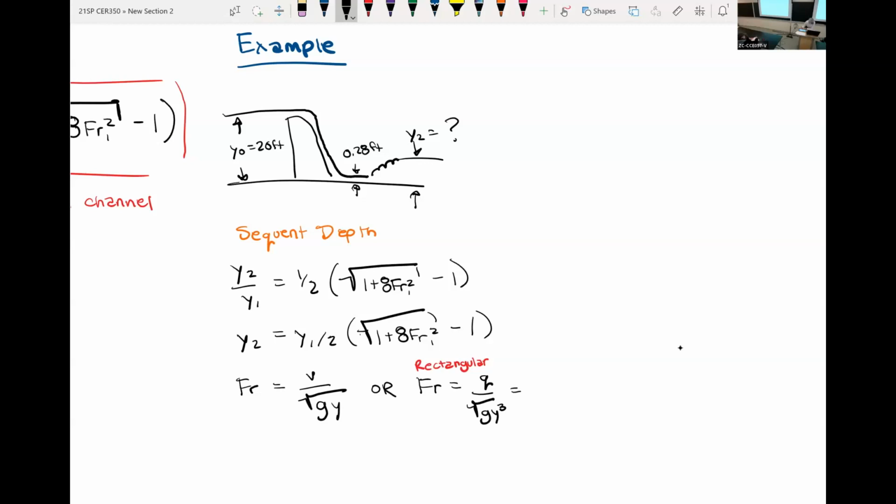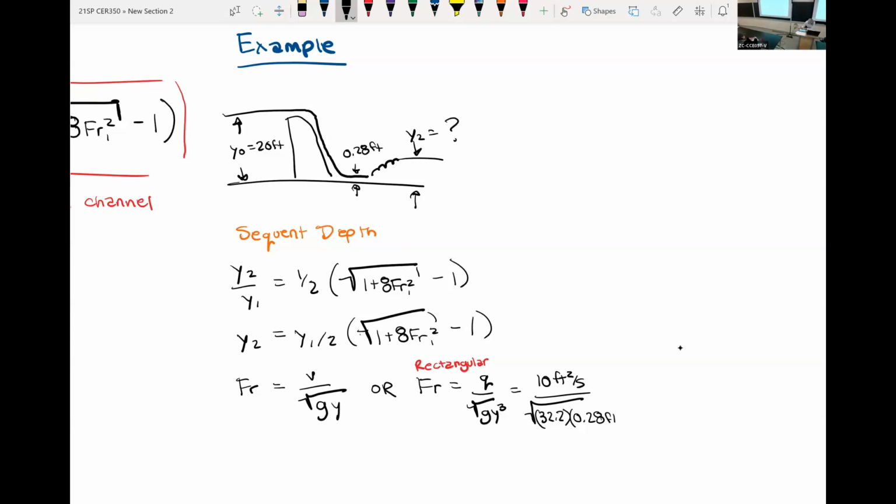We have little q from last time, 10 feet squared per second, over g, 32.2, times y1, 0.28 feet, since we are solving for location 1, that's what that little subscript 1 denotes. We get a value of 11.9.